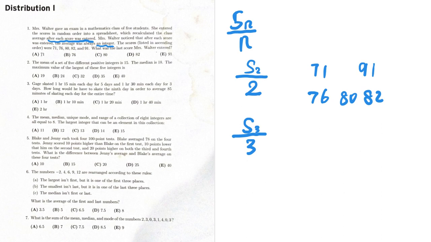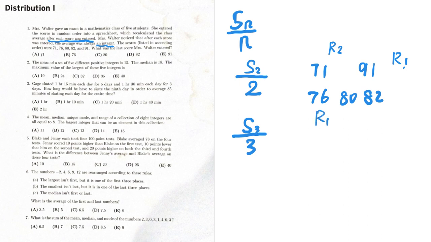71 divided by 3 has remainder 2. And 91 divided by 3 has remainder 1. 76 divided by 3 has remainder 1.